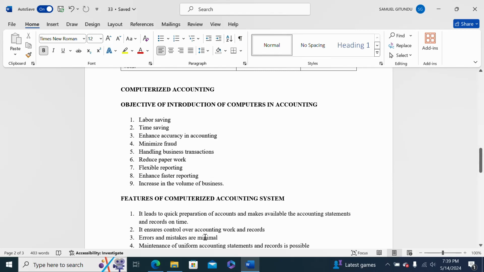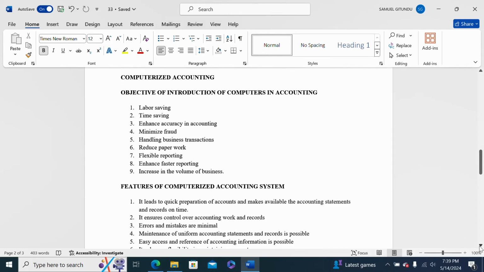Then errors and mistakes are minimal. The errors and mistakes in computerized accounting systems are very minimal. When you enter data, those systems have formulas which are able to work out the kind of report that you want.